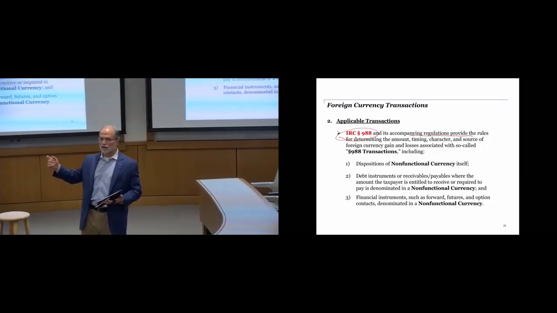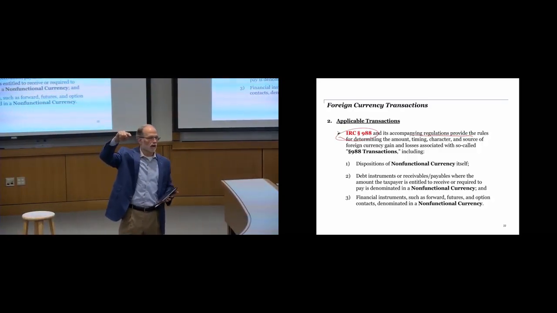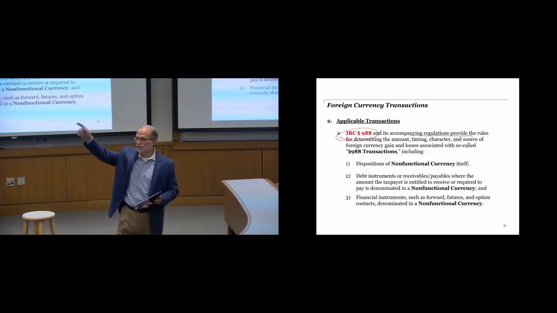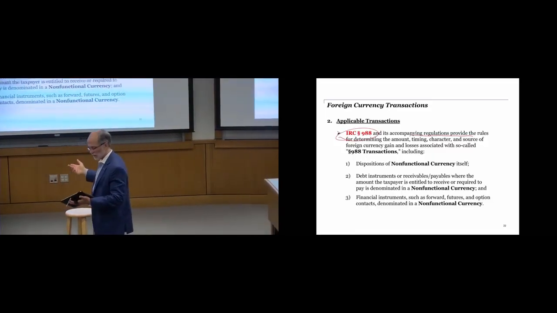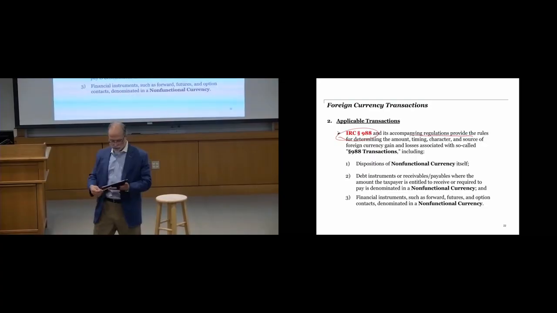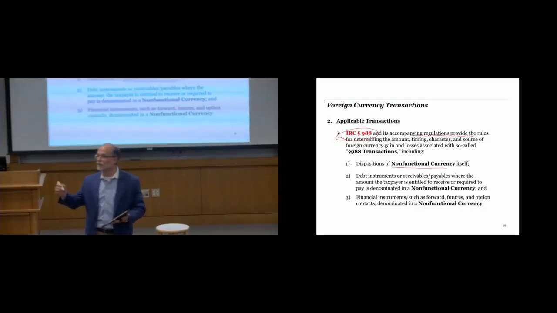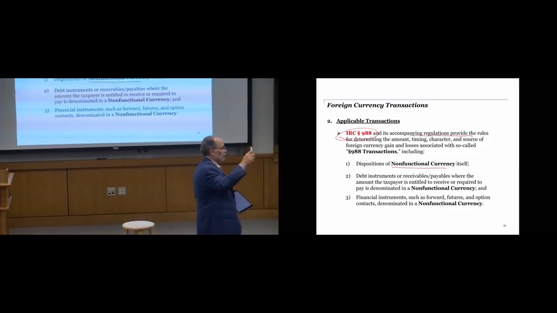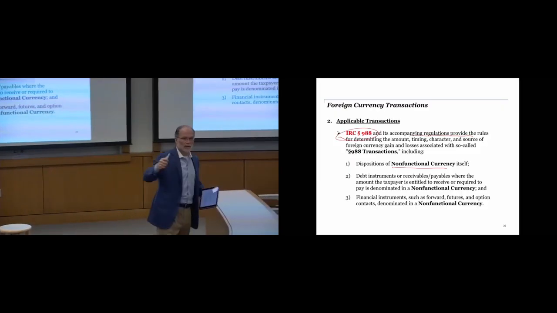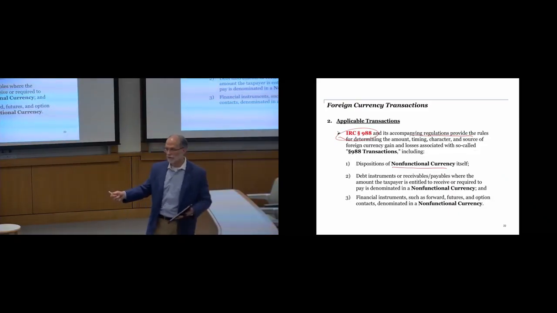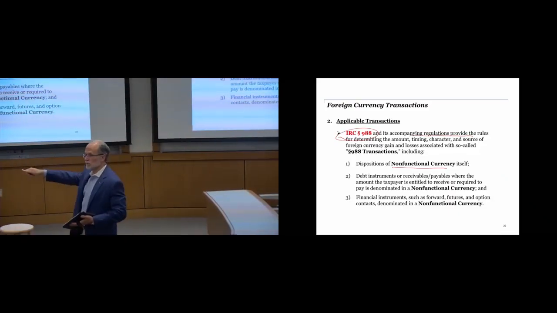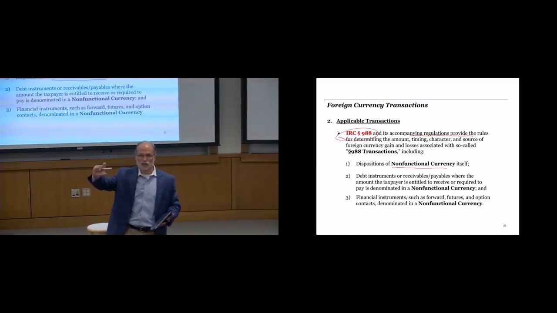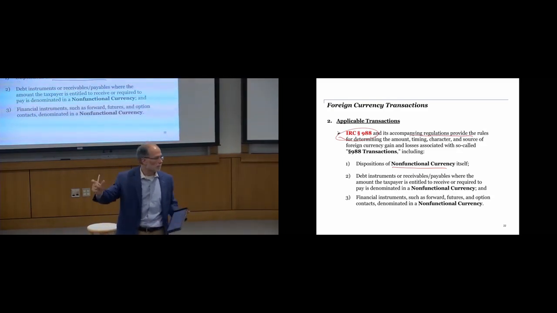That means that the U.S. taxpayer has entered into a transaction denominated in other than U.S. dollars. And those transactions typically fall into, I can deal in non-functional currency itself, right? So if a U.S. taxpayer owns euros and then disposes of the euros, that is a transaction in property.